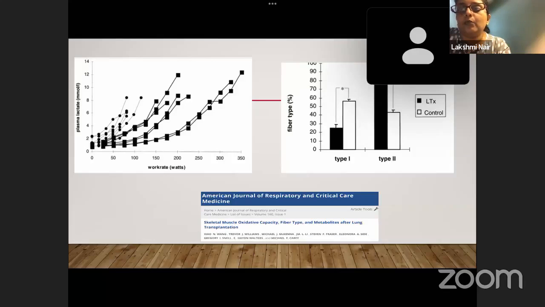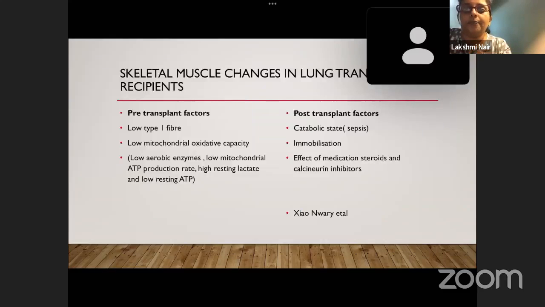There is a reduction in type 1 fibers in pre-transplant patients. Somebody called Zhao Nivari did a study where they took biopsies of the muscles of transplant patients and analyzed how they differ from normal patients.